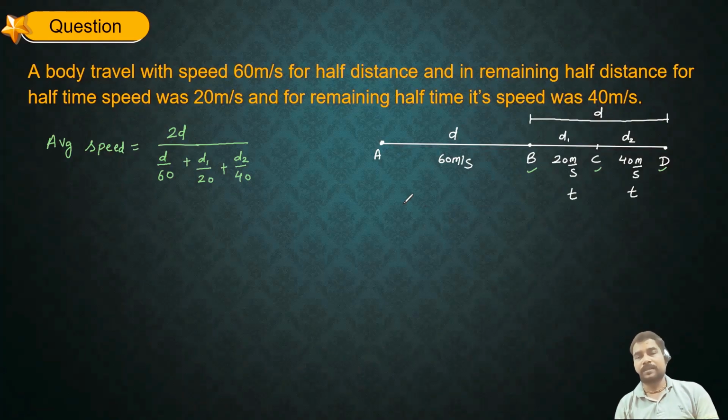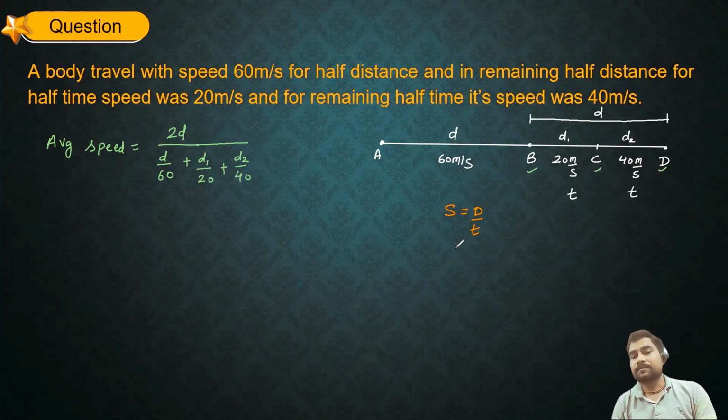From B to C, the value of time is distance upon speed.